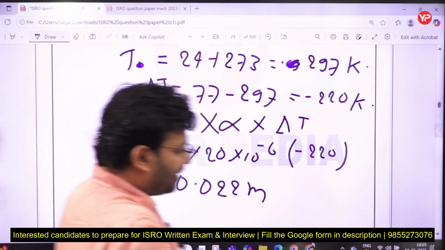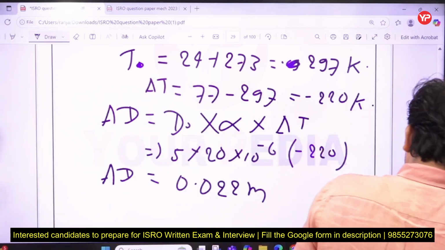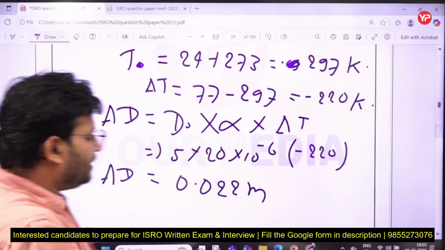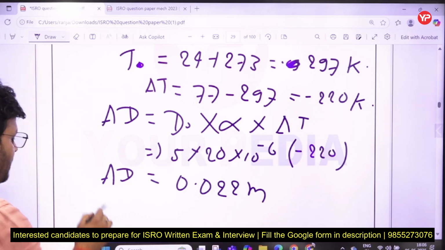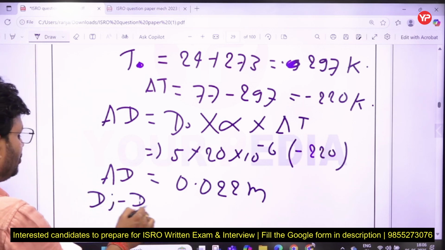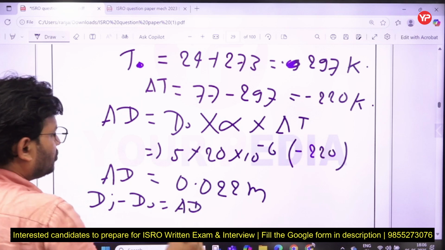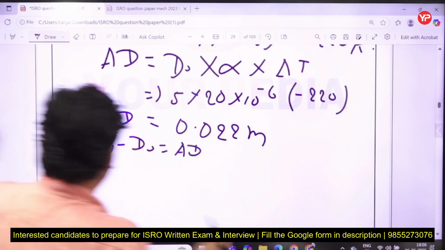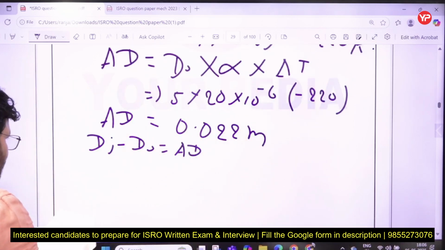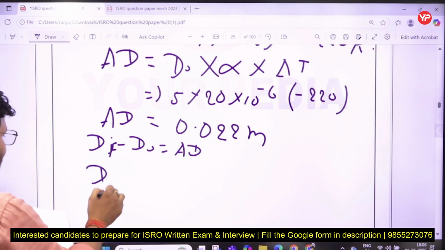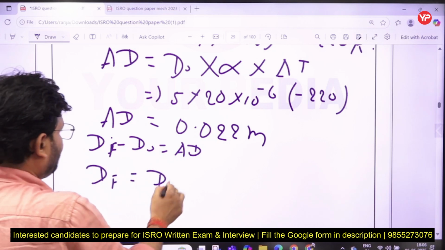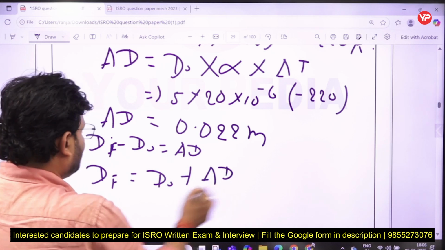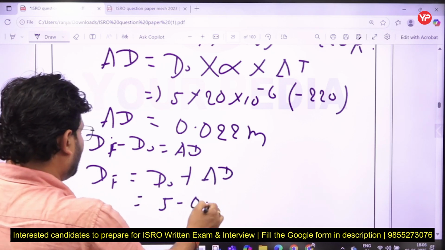What will be the final diameter? In the question, the final diameter has to be calculated. Simply, d final minus d naught is equal to the change in diameter. So our final diameter will be d naught plus the change in diameter: 5 minus 0.022.